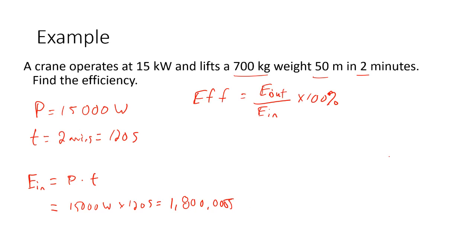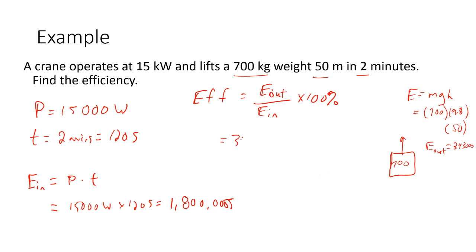Our energy out, if we're taking a 700 kilogram weight and raising it through a certain height, we're really just giving this thing potential energy. So the energy output is going to be the potential energy gained by this object, or 700 times 9.8 times 50. In this case, our energy out is going to be 343,000 joules.